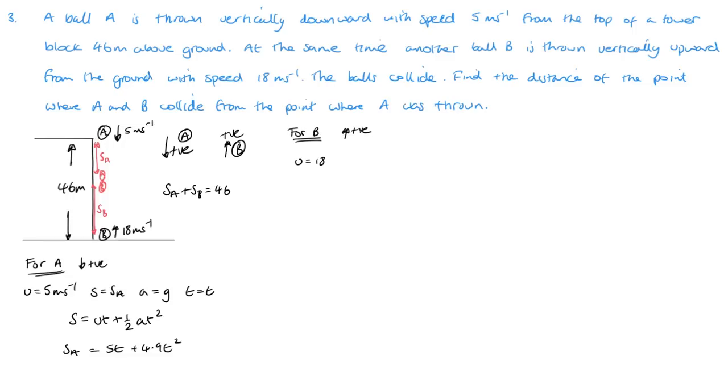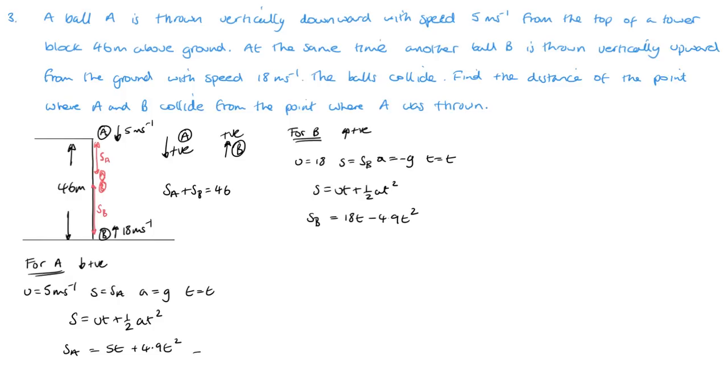So u equals 18, s equals SB, a equals minus g, and t equals t. And then I've got s equals ut plus a half at squared. So that's SB equals 18t minus 4.9t squared.